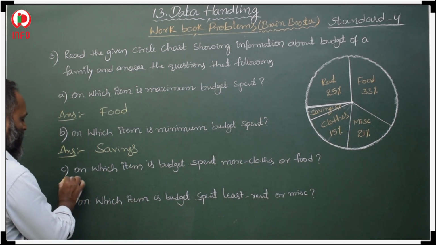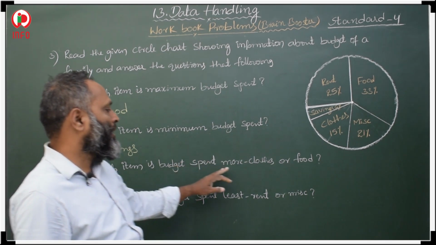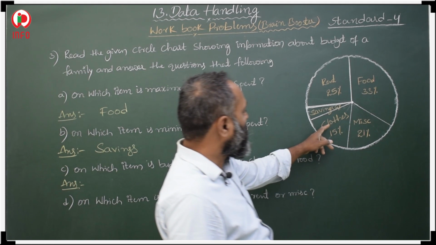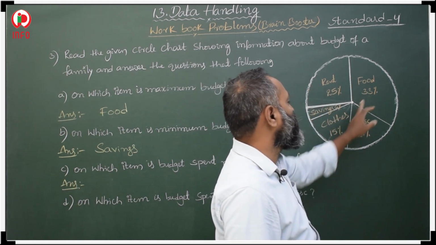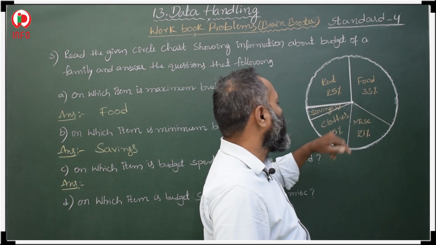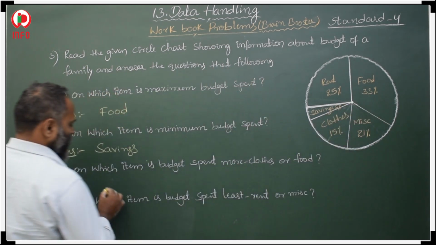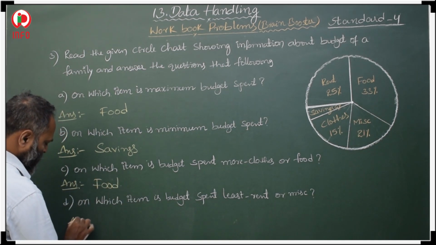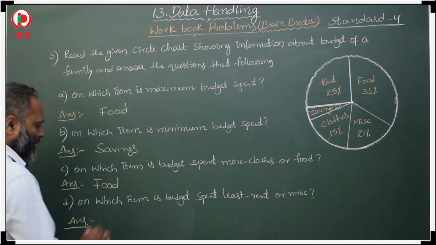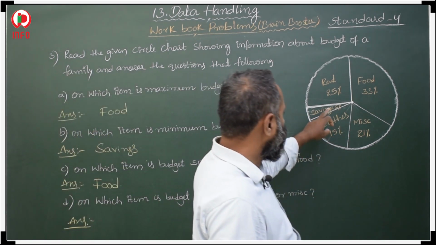Then next, on which item is more budget spent, clothes or food? If we compare these two, food 33% and clothes 15%, it means food. They spend more on food. Then, on which item is the budget spent least, rent or miscellaneous?